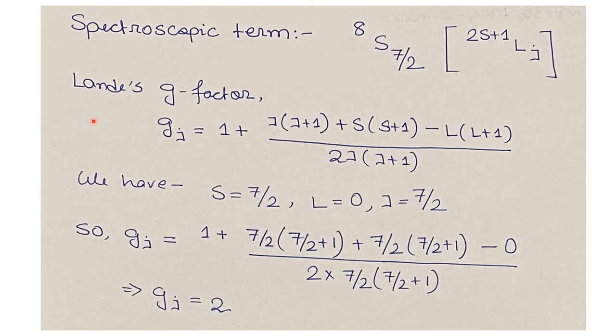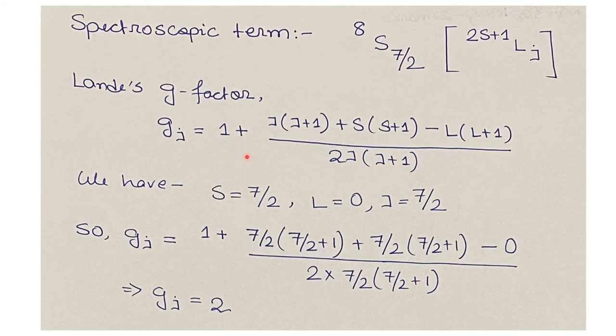Now the Landé g factor is defined as g_J equals 1 plus [J times (J plus 1) plus S times (S plus 1) minus L times (L plus 1)] divided by 2J times (J plus 1). We have for our system S equals 7 by 2, L equals 0 and J equals 7 by 2. So we'll put these S, L and J values in this formula.